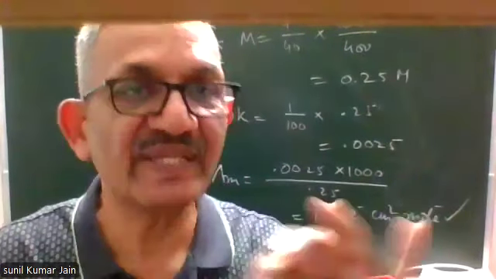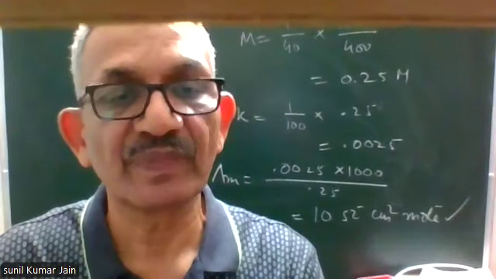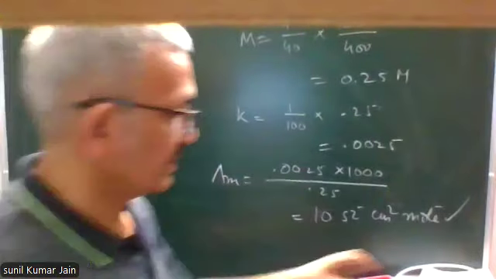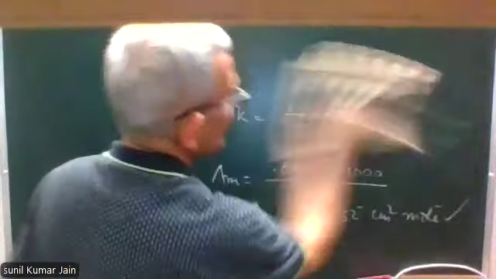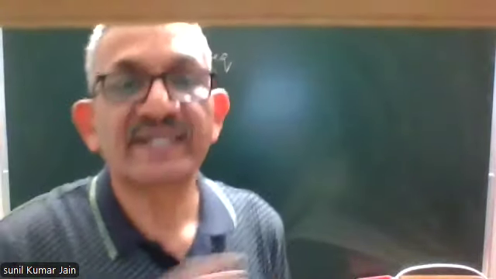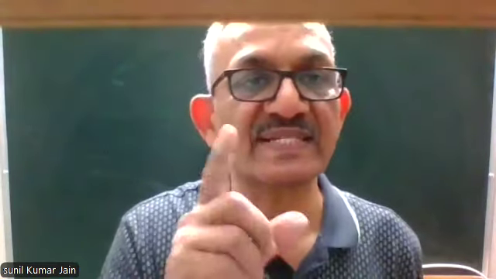One more very similar definition. So write down next topic. Equivalent conductivity. Symbol lambda EQ. EQ stands for equivalent. The entire definition will be similar with the only difference that in molar conductivity, we considered 1 mole of electrolyte.